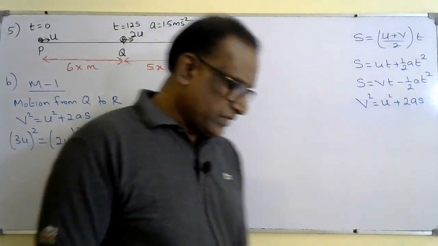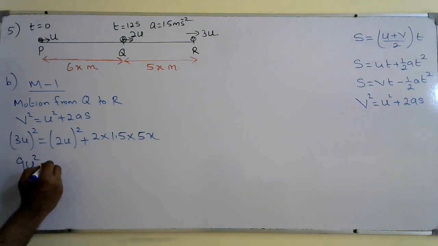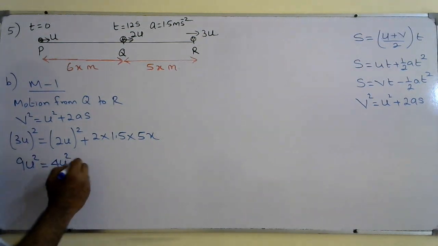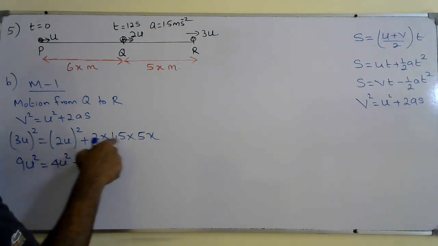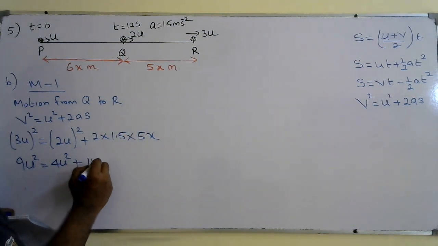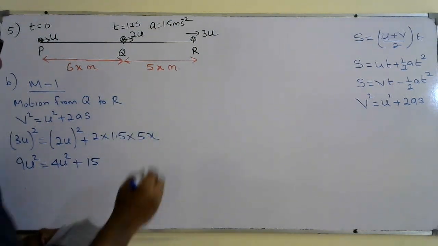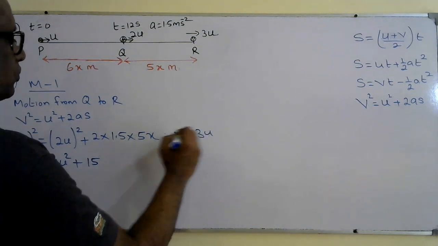Solve this and you will get 9u squared equals 4u squared plus 2 into 1.5, 3, into 5, 15x. But we already showed in the first part that x equals 3u.